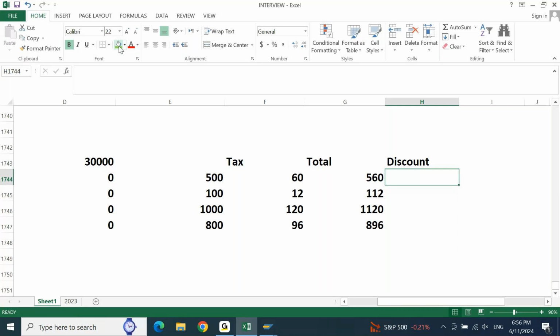Am I going to collect anything from the customer here? No. So if I know that the product value is 500, am I supposed to charge the discount as 500 or 560?